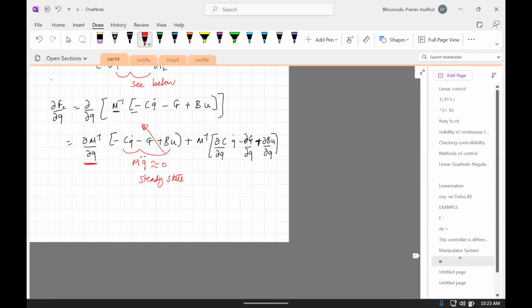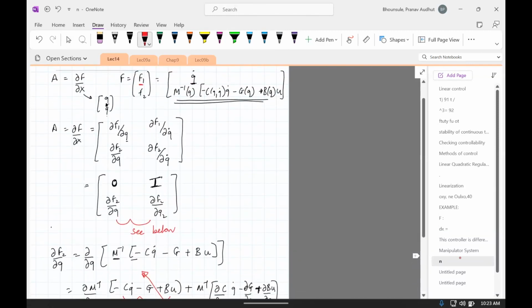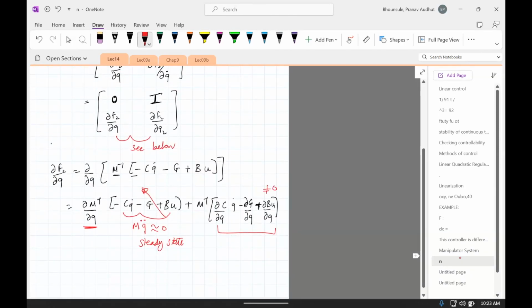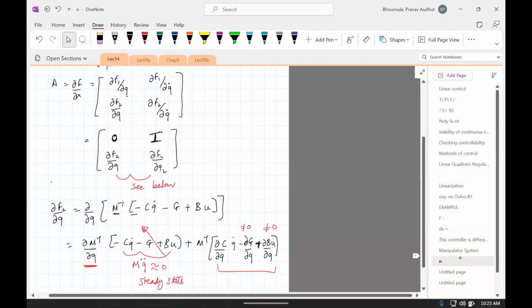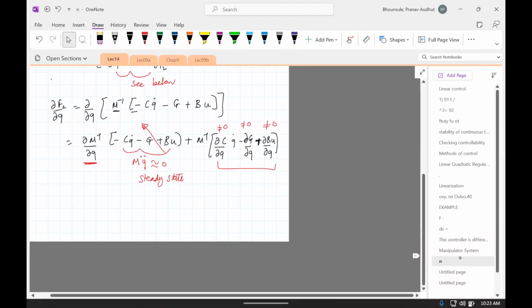Okay, next is this part. So B is a function of Q. I think I wrote it down here. B is a function of Q, so this part is not equal to 0. G is a function of Q, so that is not equal to 0. And then dC, you can see that C is a function of Q, Q dot, so that is also not equal to 0. So that term remains.